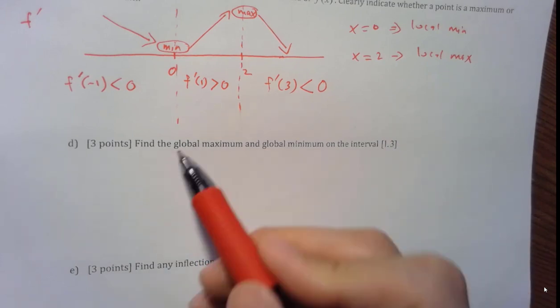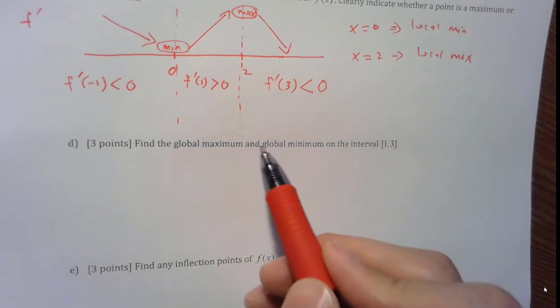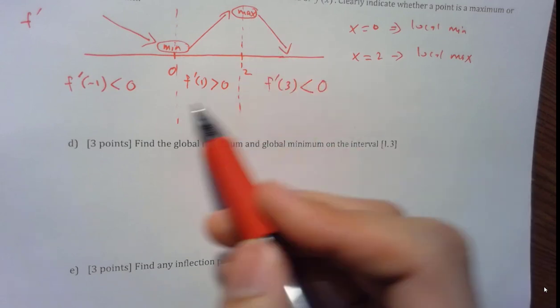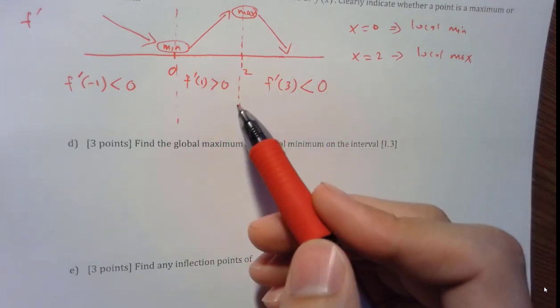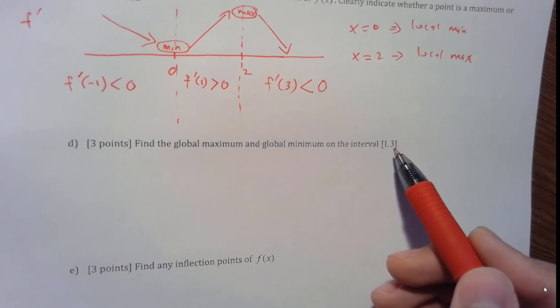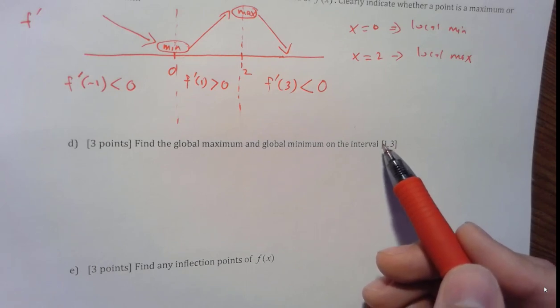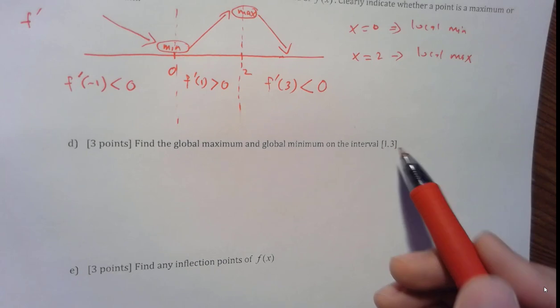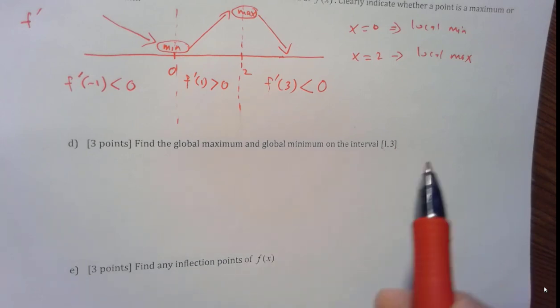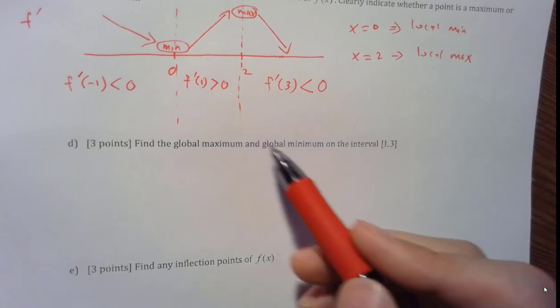The local max is only the max around that local area. So for the interval from 1 to 3, we also need to check the two endpoints; the highest value is the global max and the lowest value is the global min.